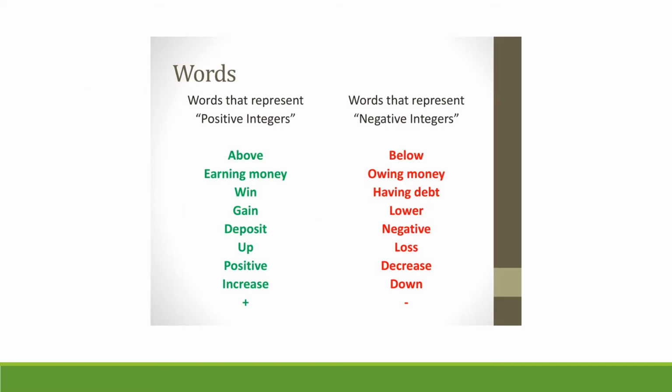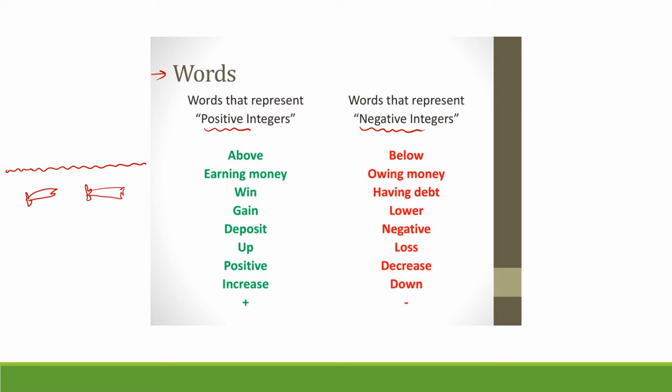There are some words that can be used to express the positive integers and the negative integers. So for example, this is the water level, right? Now here you can see the depth of the ocean or depth of the sea.